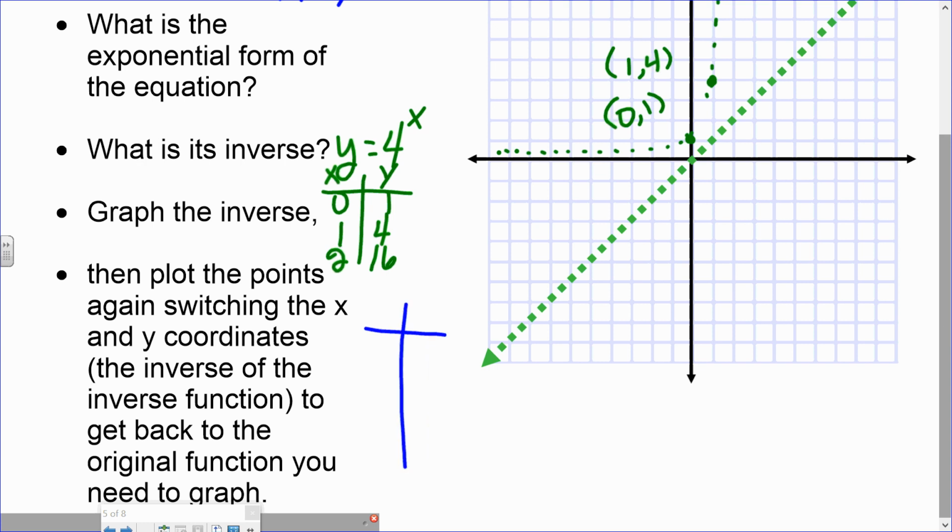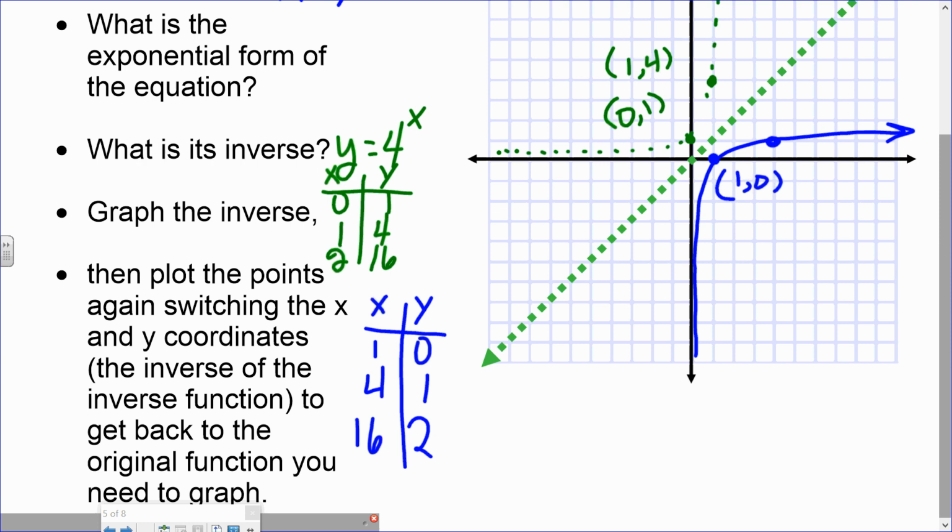And for my real function, I need to include 1, 0, 4, 1, 16, 2 until I'm off the grid. So 1, 0, and 4, 1, 16, 2 is going to be way off there somewhere, and draw in my graph.